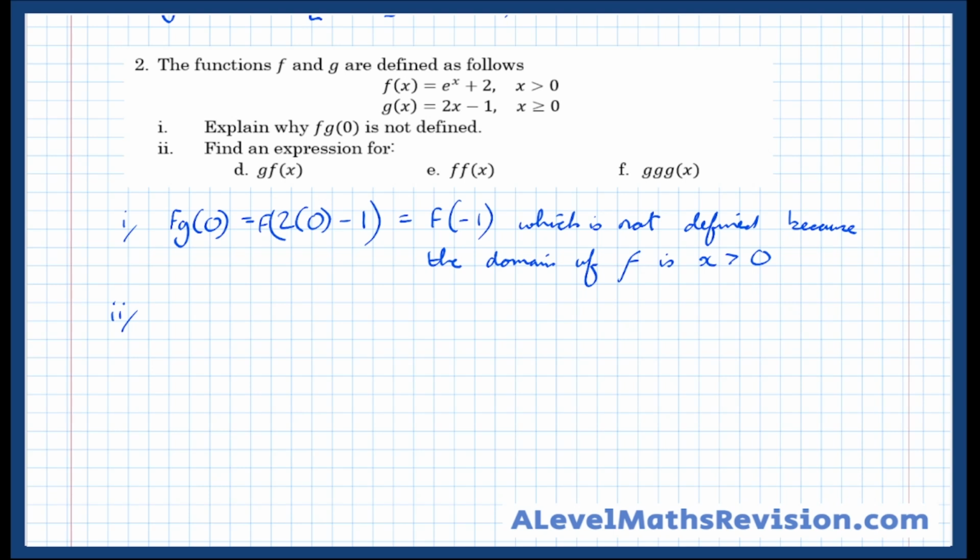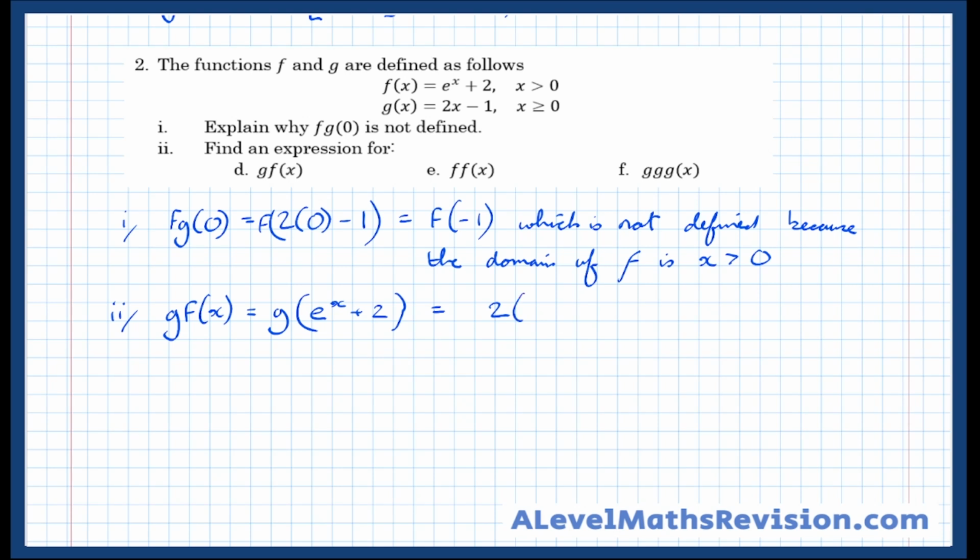Part 2. Find an expression for gf of x. So gf of x, well, f is the first thing in the queue waiting to have a go at the x. So it becomes e to the x plus 2 with g still waiting to have a go. And what g does, it takes something, doubles it, then takes 1.